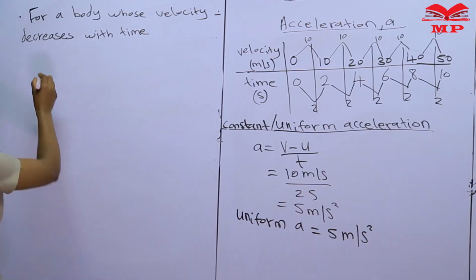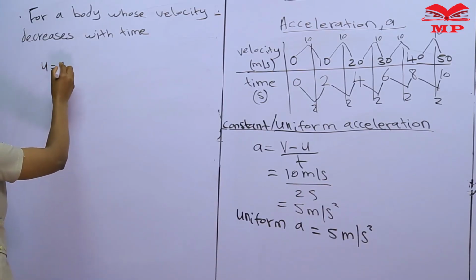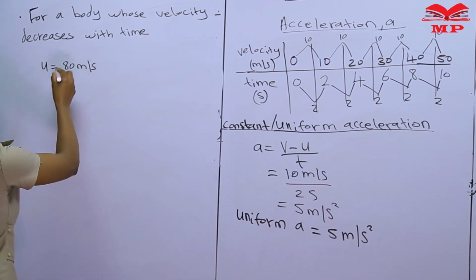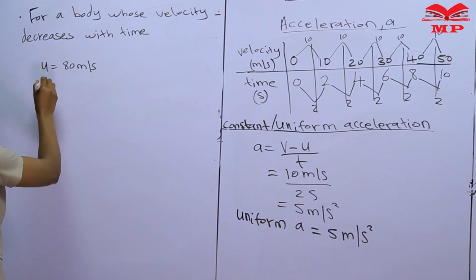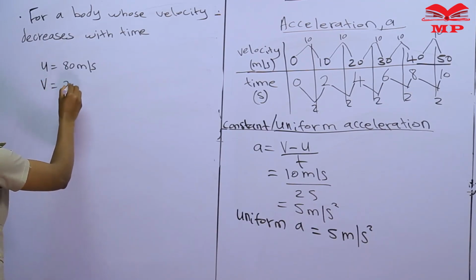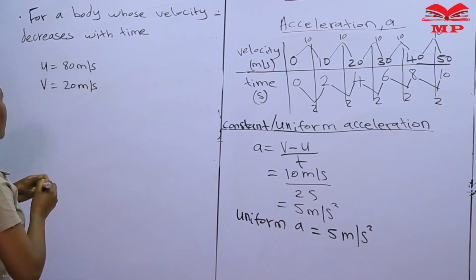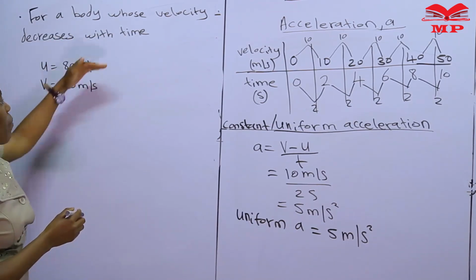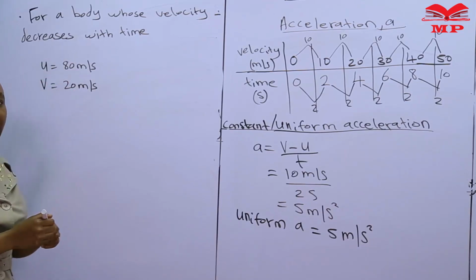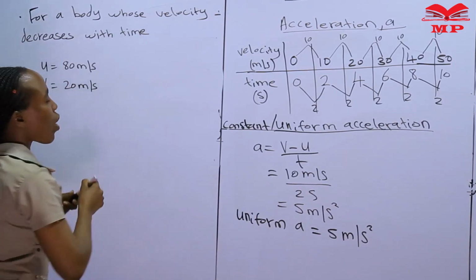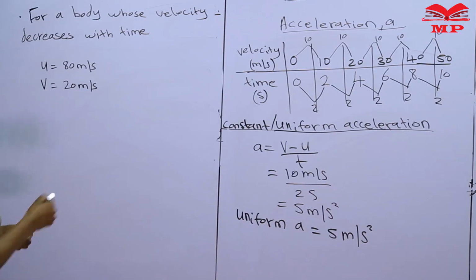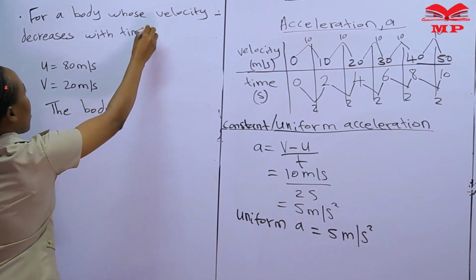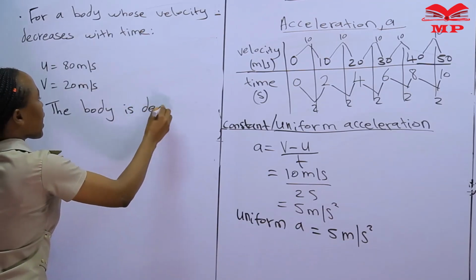For example, the initial velocity was 80 meters per second, and as time continues, the final velocity drops even up to 20 meters per second. If we have a body whose velocity is decreasing with time, as the time increases, the velocity is decreasing, we say that that body is decelerating.